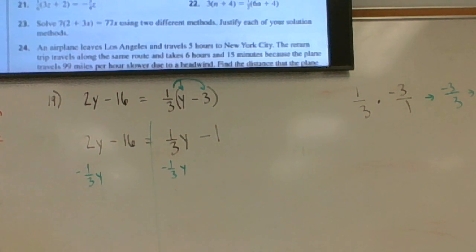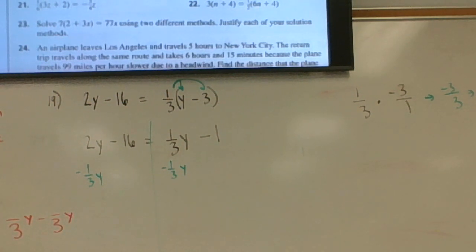How do we do 2y minus 1/3 y? Well, this 2, if I want them both to be fractions, that's just 2/1 y minus 1/3 y. And now I'd like to see, how do I get a common denominator? The common denominator would be 3.